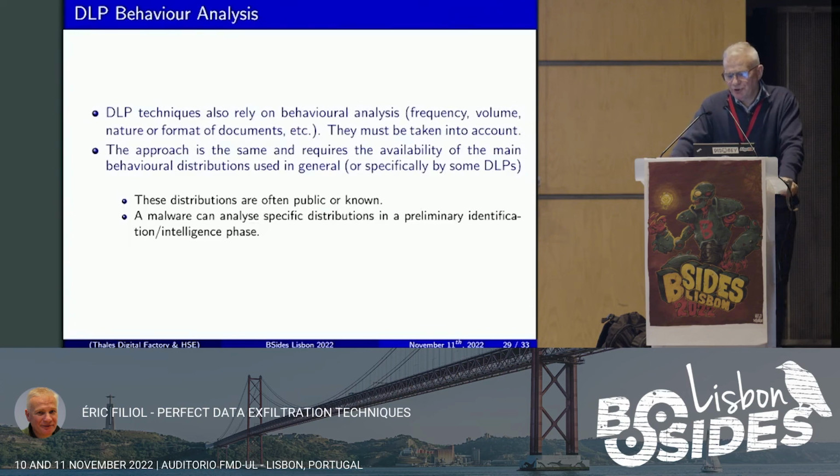Most of these distributions are often public or known, but a malware can do an intelligent step right after the initial breach, during the lateral movement, and of course can analyze, through a preliminary intelligence phase, the right target distribution with respect to behaviors.